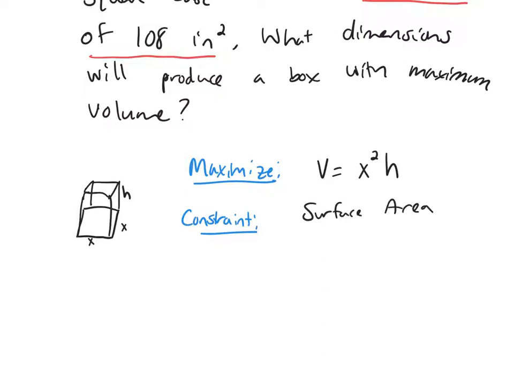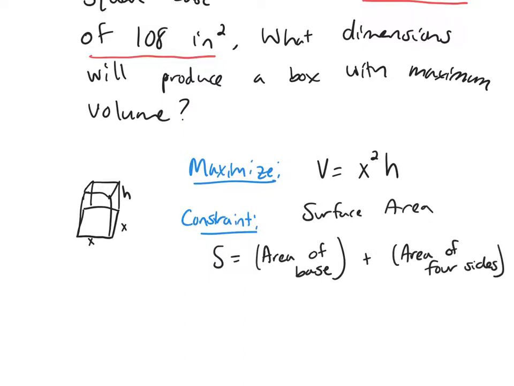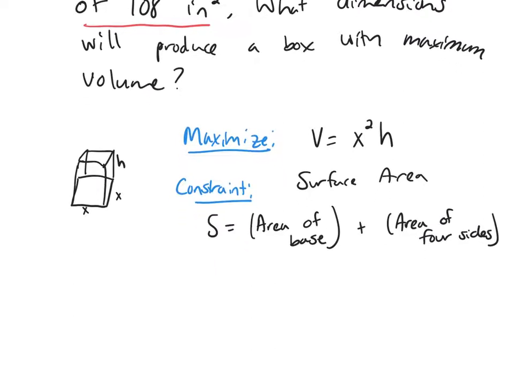Well, this is an open box, so we just need to calculate the area of the base, the bottom of the box, plus the area of the four sides. This box doesn't have a top, so it's just made up of the bottom and the four sides. So in the end, I'm told that this is 108.